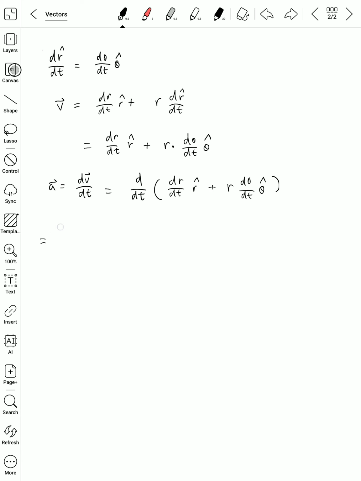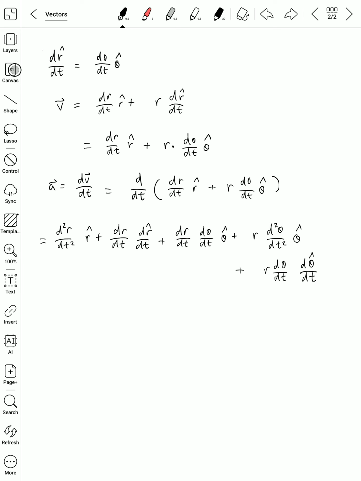It equals d²r/dt² r hat plus dr/dt dr hat/dt plus dr/dt dθ/dt θ hat plus r, this thing, and then a final... Okay, so first of all, we notice that there is something new, and the new thing is, in fact, dθ hat/dt.